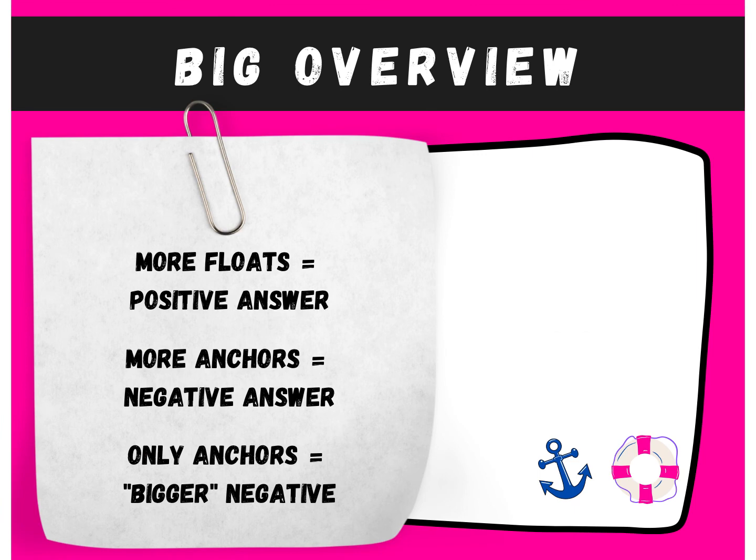I hope this video gives you a start to adding positives and negatives. Here are some things to remember when you're solving problems like these. If you're adding more floats than you are anchors, more positives than negatives, you're going to end up with a positive answer. If you're adding more anchors than floats or more negatives than positives, you'll end up with a negative answer.